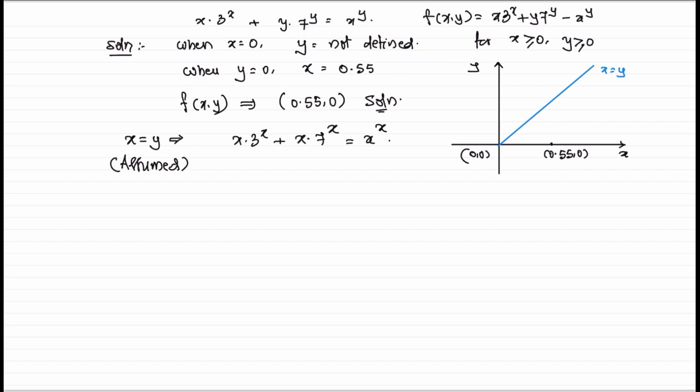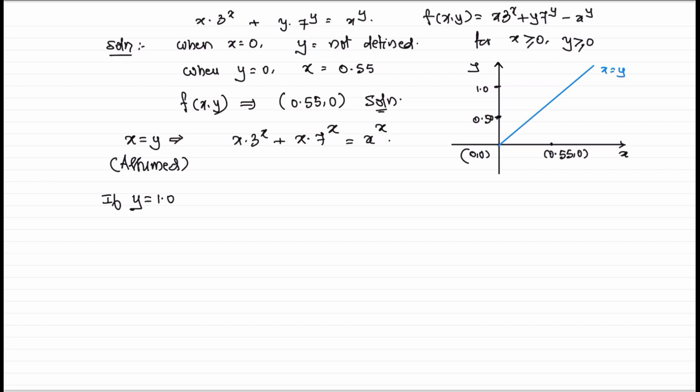Let us say this is 0.5 and this is 1, because we have to plot. Let us concentrate on the graph rather than values. Now, if y is equal to 0, x is defined at 0.55.